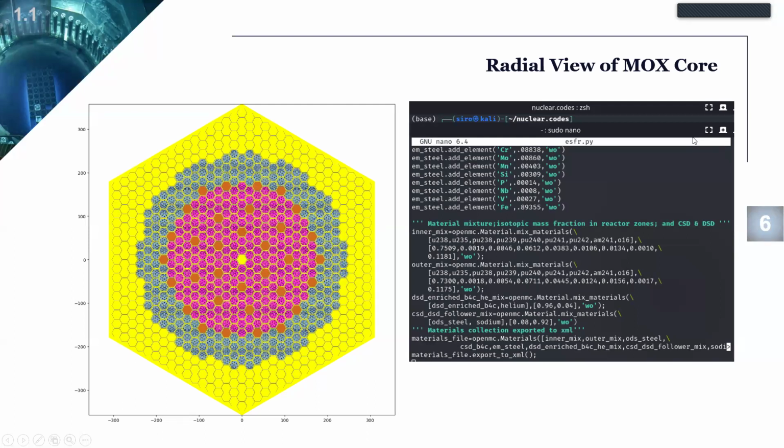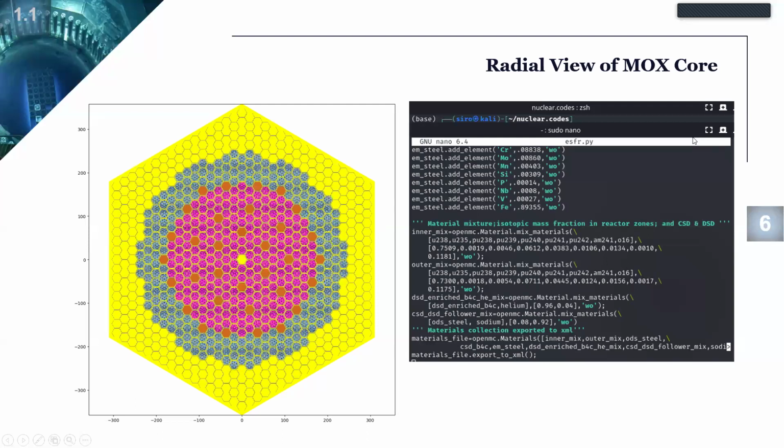And in between the inner ring and the outer ring, there are about 9 subassemblies also stuffed with absorber materials for the diverse shutdown devices.